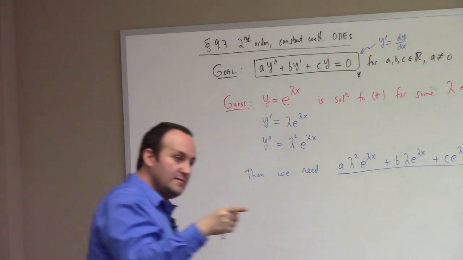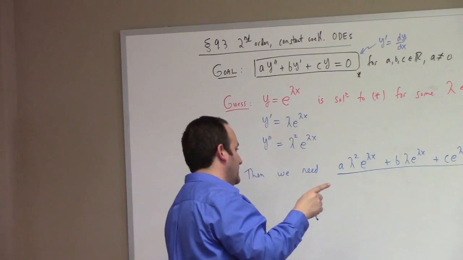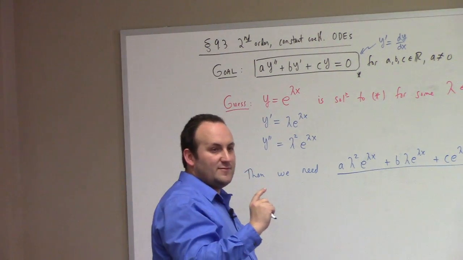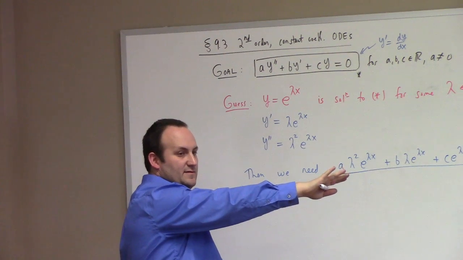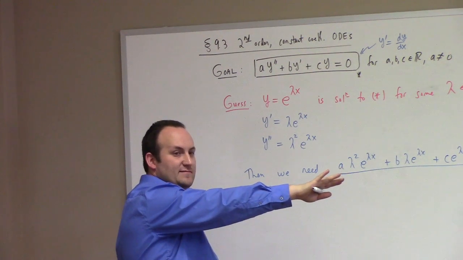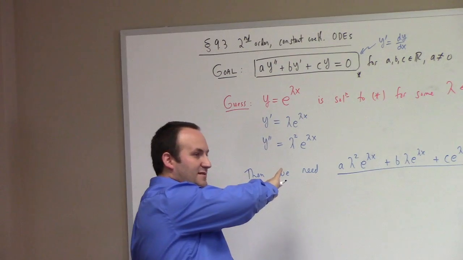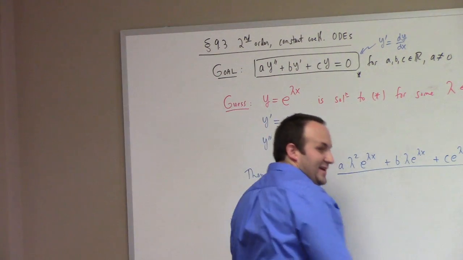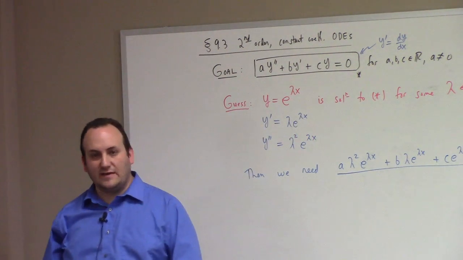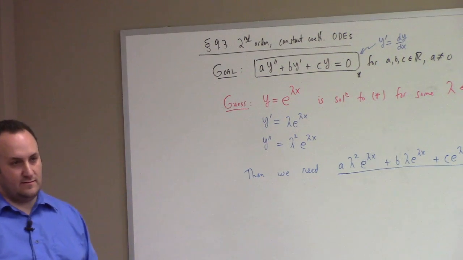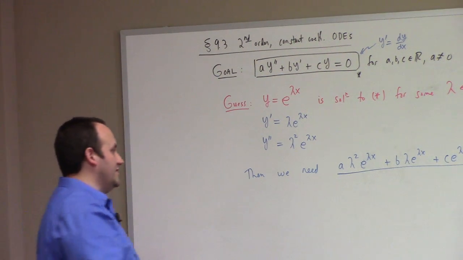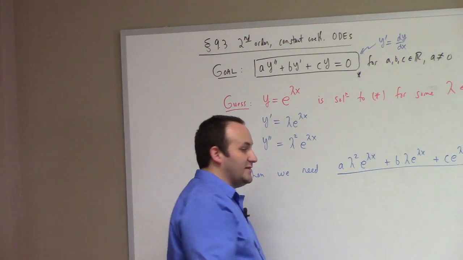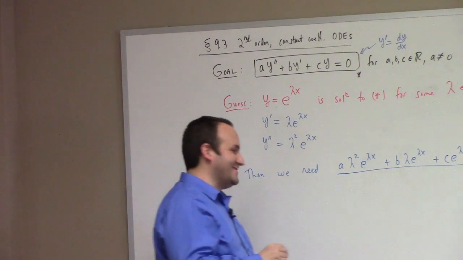Oh, you mean factor the e to the lambda x out? Can anybody be greedier than that? How about we just take this equation and divide by e to the lambda x? Can I do that without losing anything? Absolutely, because e to the lambda x is always non-zero.